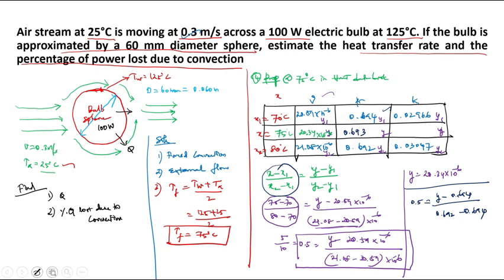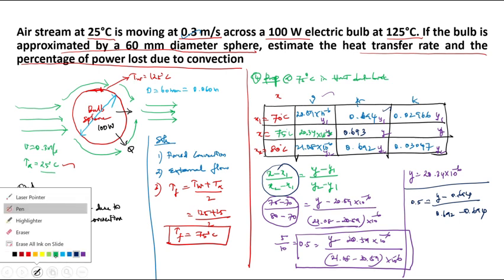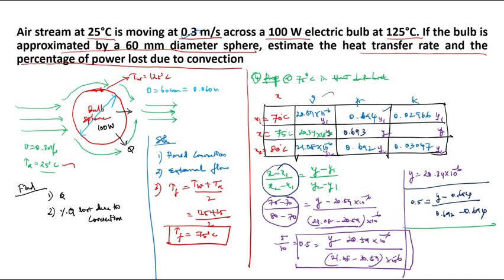Similarly, for thermal conductivity, the left hand side x minus x1 over x2 minus x1 is common for all the parameters, so the right hand side parameters vary.